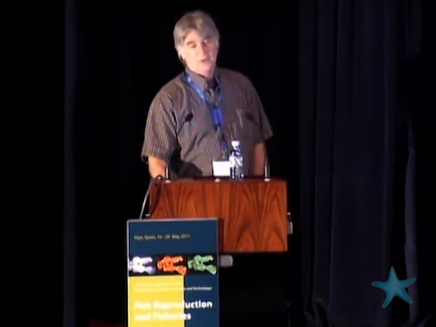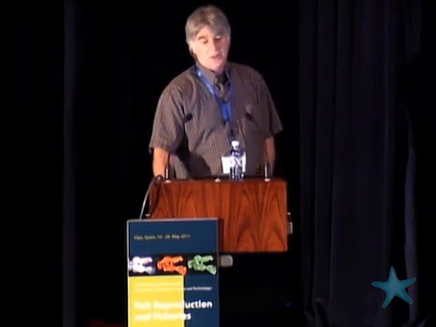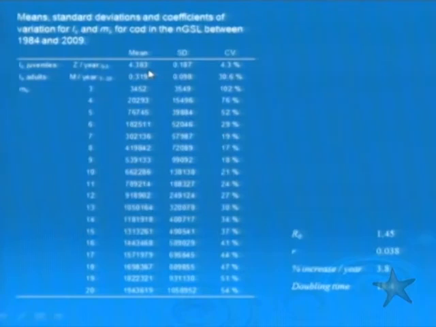If we calculate a mean value for those reproductive rates, we can estimate some standard deviation for the juvenile mortality, the adult mortality, and the egg production at each age. We see that there's a large coefficient of variation in the adult mortality.